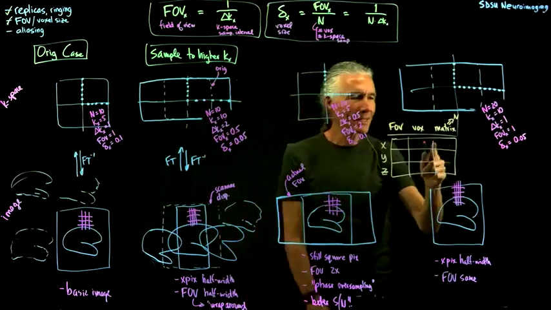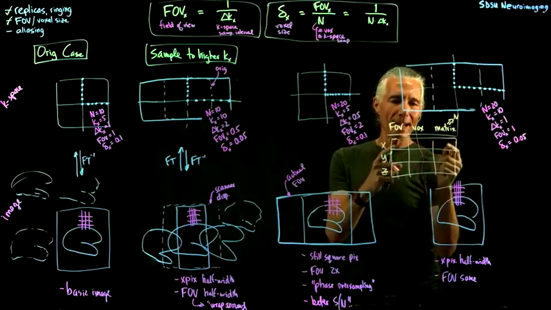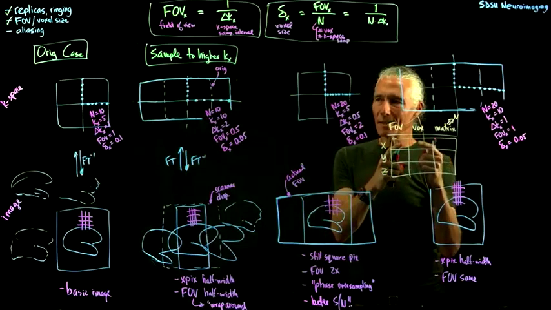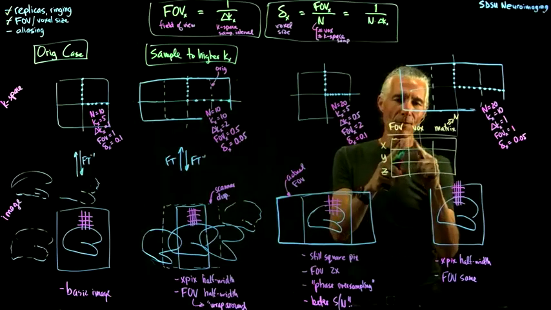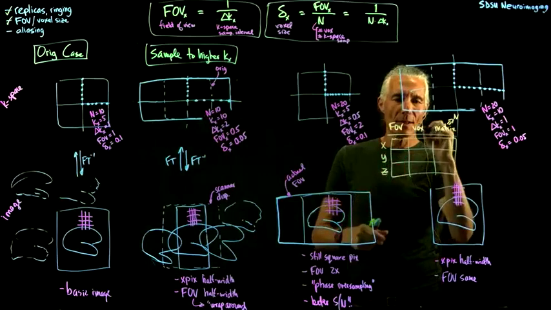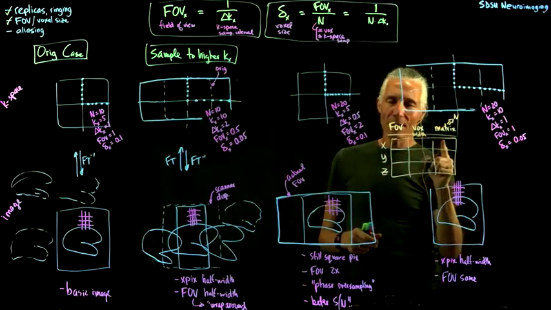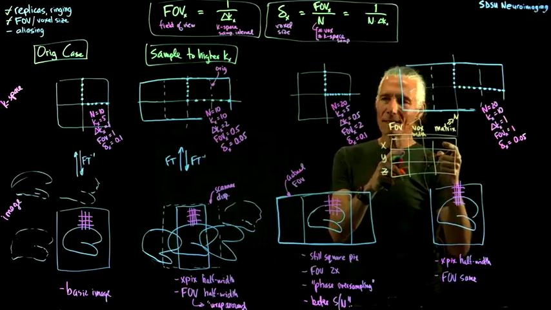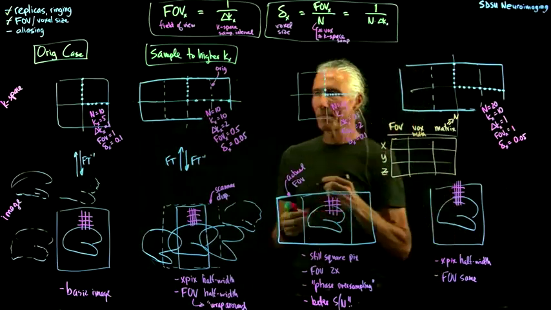But this would make it a lot easier, because if you change any of these, it's going to change the other 2. So you only have to set 2 of them. You set your field of view and the voxel width, and that will tell you what matrix you need. Or you could turn the matrix up for a given field of view, and that will affect your voxel size.